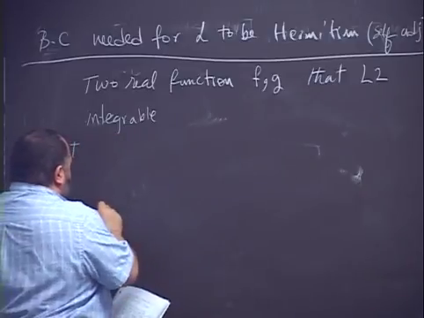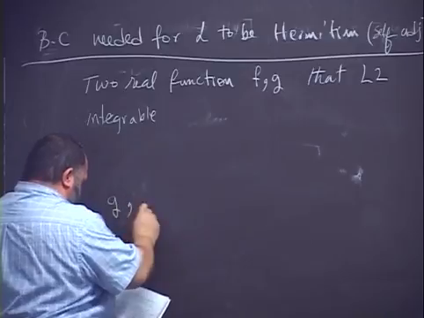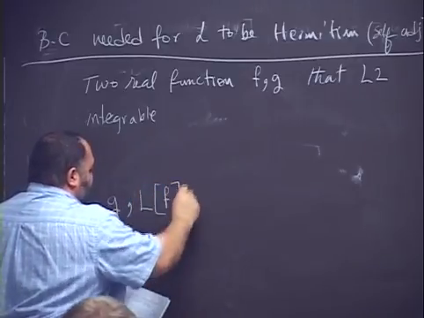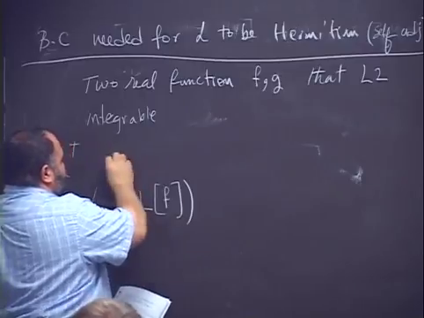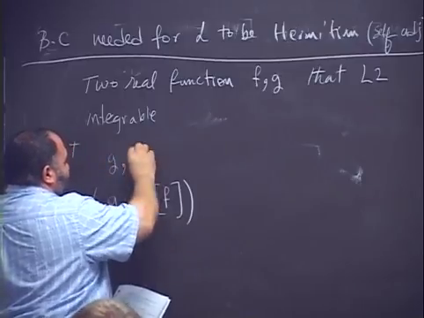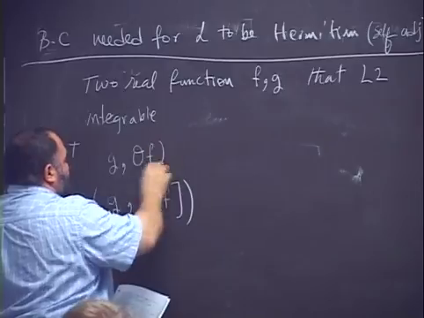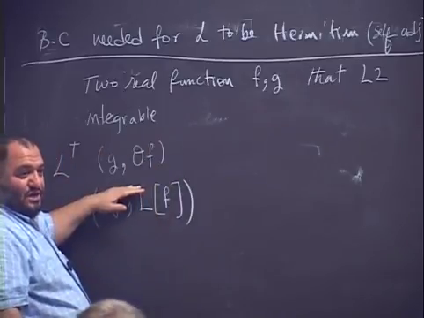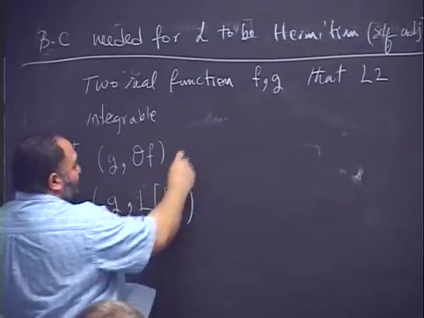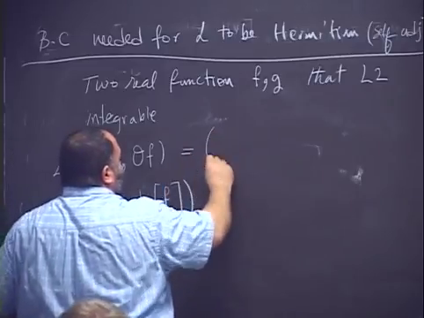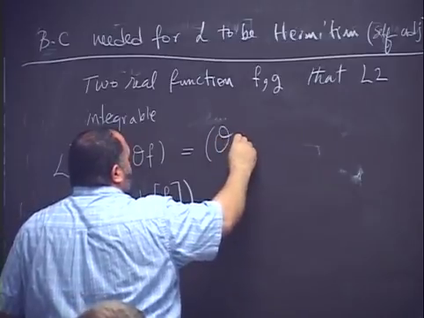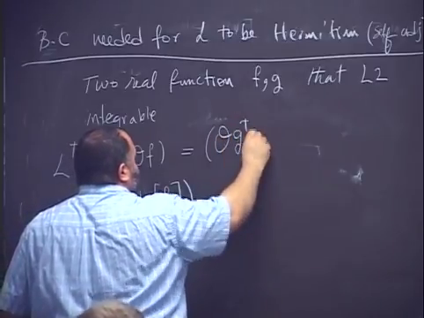The adjoint operator for L is defined by g and L operated over f. Last time, if you remember, this was g and O operated over f.